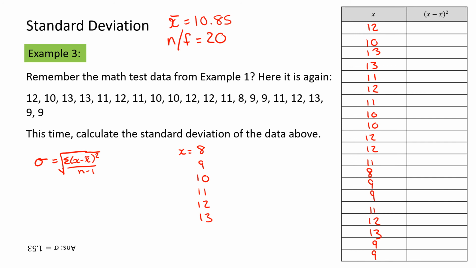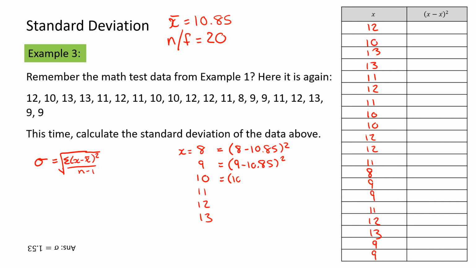For x equals 8, our x minus x bar term is 8 minus our mean, 10.85, squared. For 9, it's 9 minus 10.85 squared. And it keeps going.